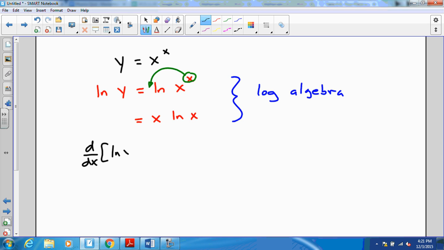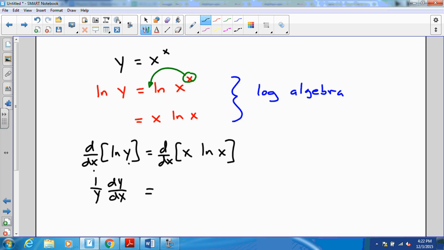Now, in our second step, we're actually going to differentiate. And this is familiar to you by now because you are well versed in implicit differentiation. On the left-hand side, the derivative with respect to x of the natural log of y is going to be 1 over y times dy/dx. By the way, in logarithmic differentiation, this will always be the case because you will always end up with natural log of y on the left-hand side.